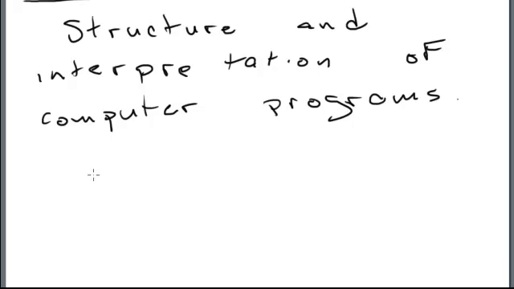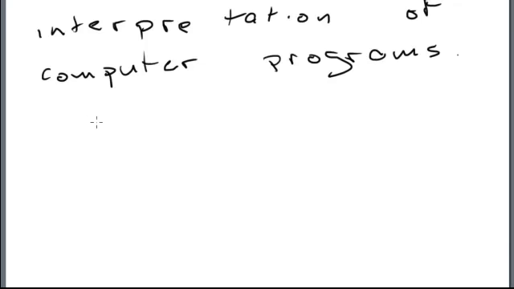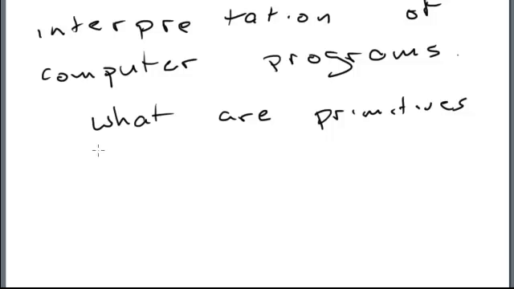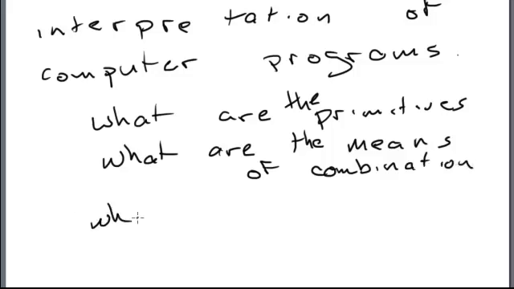They also have some videos at MIT OpenCourseWare. The authors of the book have 20 videos. The most important thing they say, when you're studying a language, is to ask: what are the primitives of the language? What are the means of combination? And what are the means of abstraction?